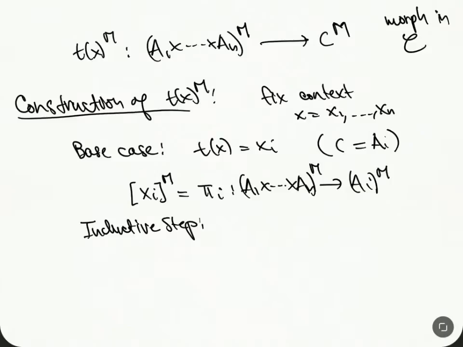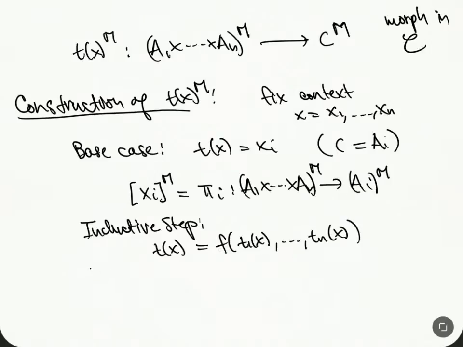The inductive step. So for the inductive step, t of x, like I said, is our term here, and it's a composition of a bunch of different terms. And then it needs to be compatible because this is how we defined our terms. So here ti, this all needs to make sense. What does that mean?